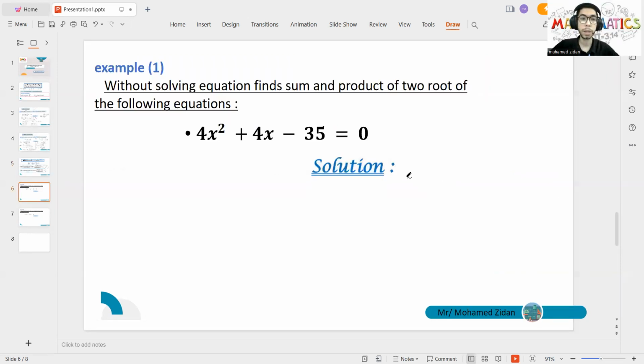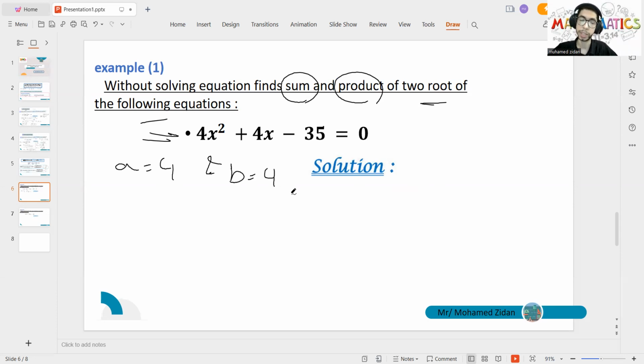In example number one, he asked me, without solving the equation, to find the sum and the product of the two roots, and gave me this equation. Then a equals 4, which is the coefficient of x squared, b equals 4, which is the coefficient of x, and c equals negative 35, which is the absolute term.